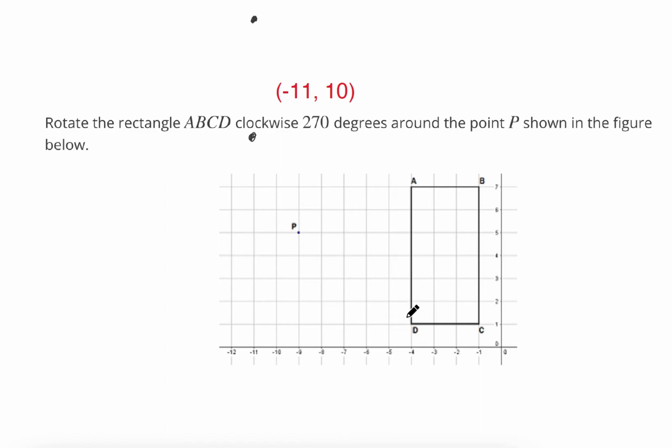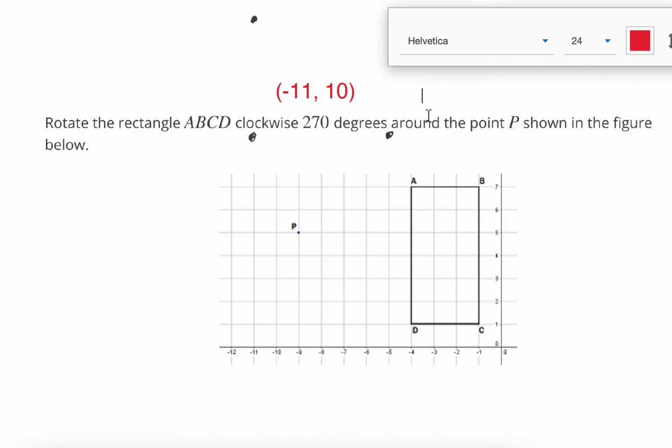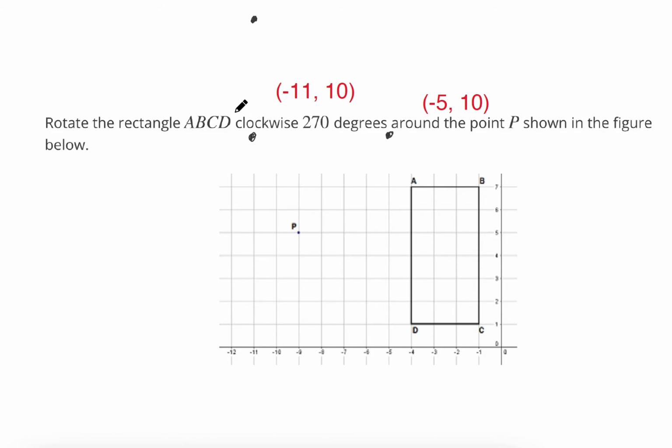I need to switch that with my horizontal directions. I need to go 1, 2, 3, 4 to the right. So 4 to the right and 5 up. That puts us at negative 5, 10 for point D. That's D. That's enough to choose whichever one is correct in Mobius.